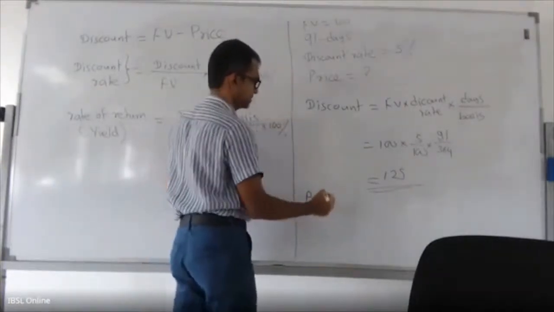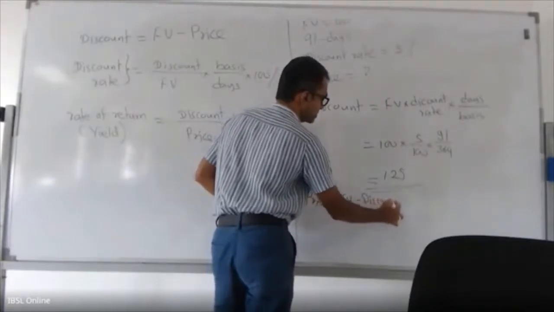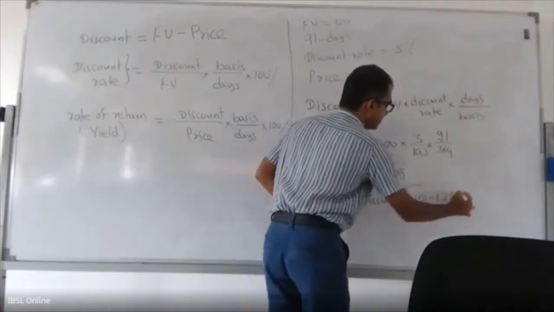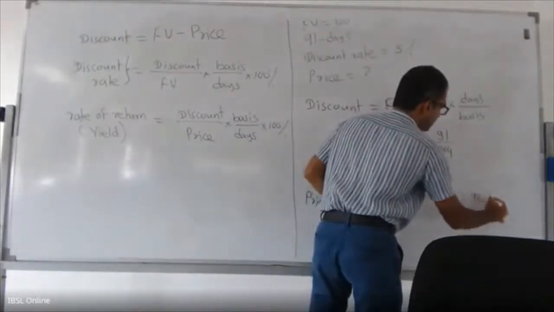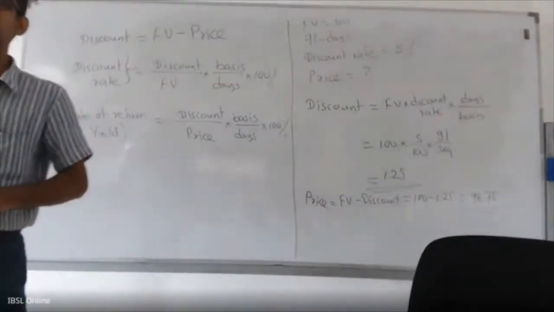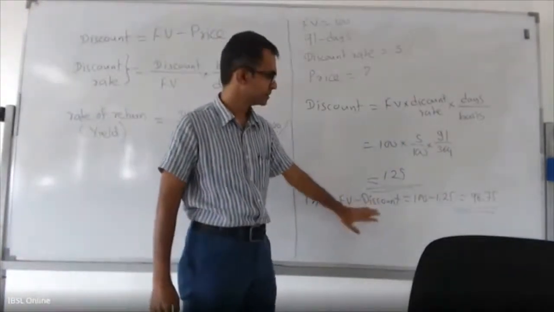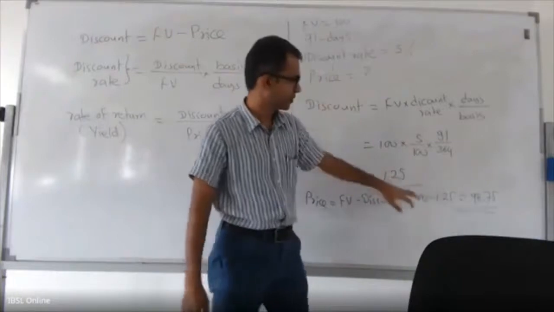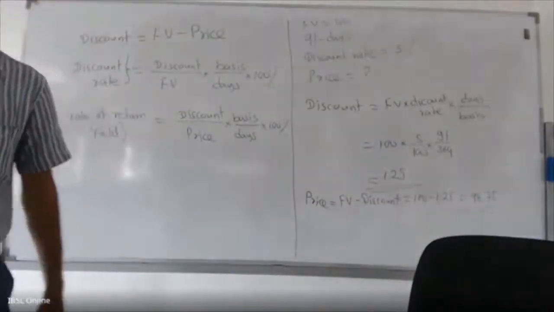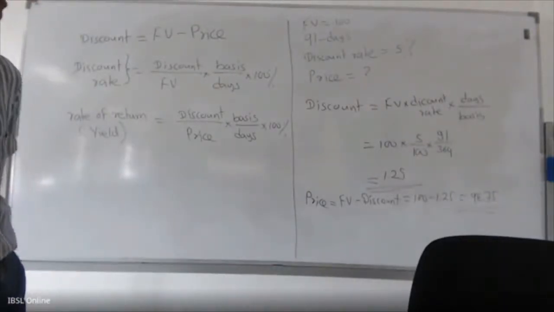Price is face value minus discount: 100 minus 1.25, you get 98.75. Price equals face value minus discount amount. Clear?